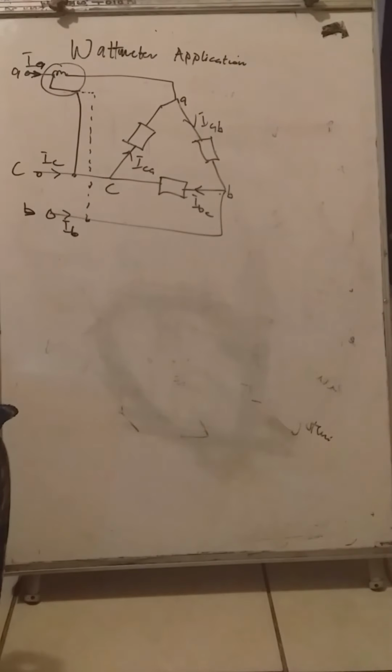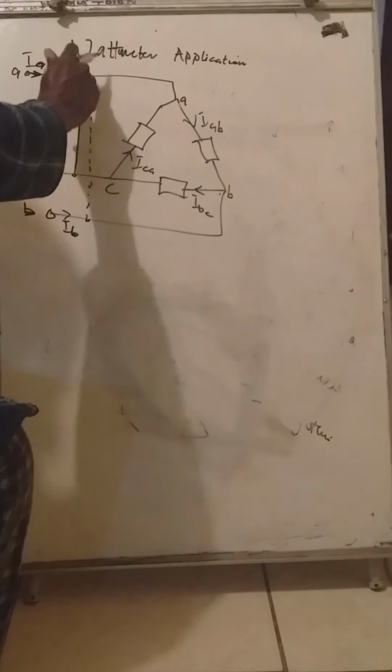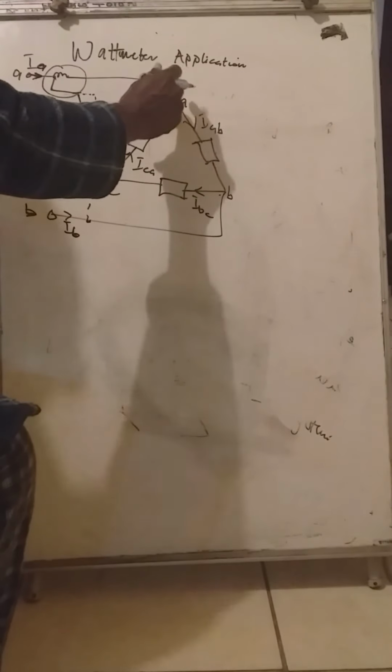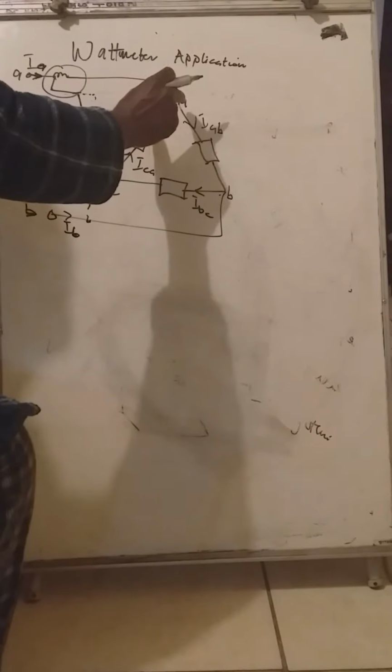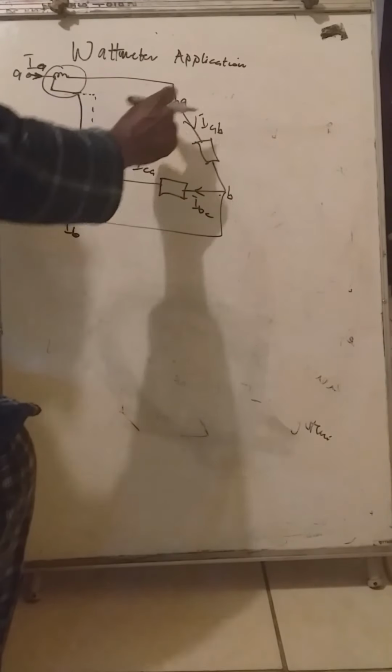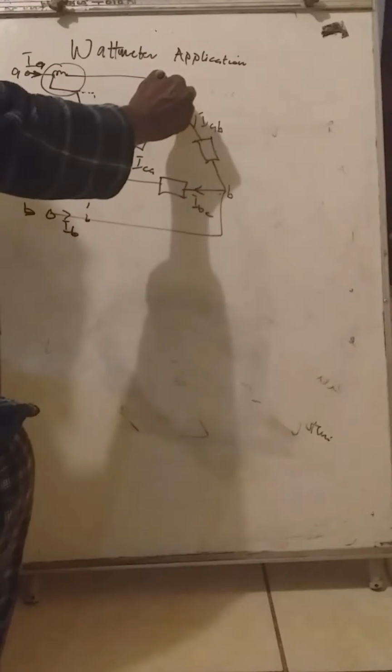So if you look at it very well, you will see that IA, which is this current, is a phasor difference of IAB and ICA. That is when you consider this node.